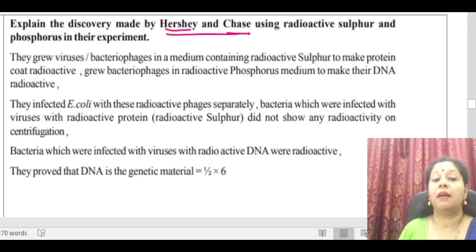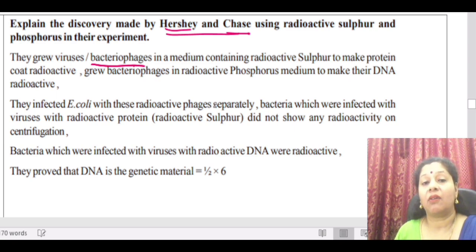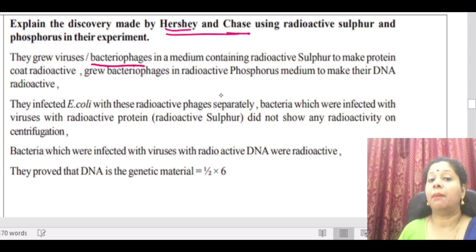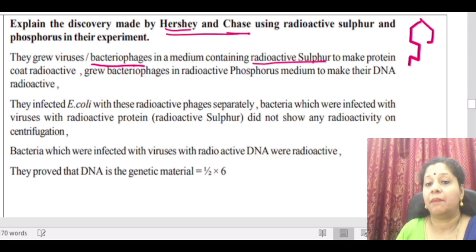Actually, they used viruses called bacteriophages. Viruses attacking bacteria are called bacteriophages. They grew the virus in a medium containing radioactive sulfur to make the protein radioactive, because when a bacteriophage is considered, the outer coat and the genetic material are the two components of the virus.